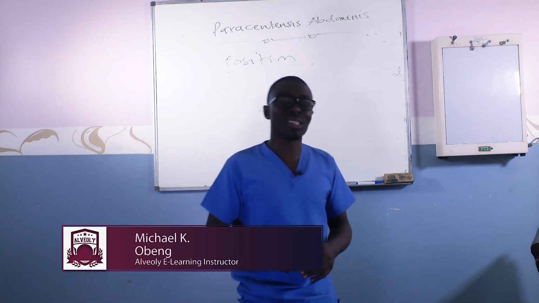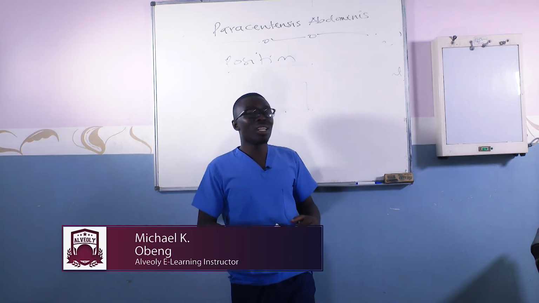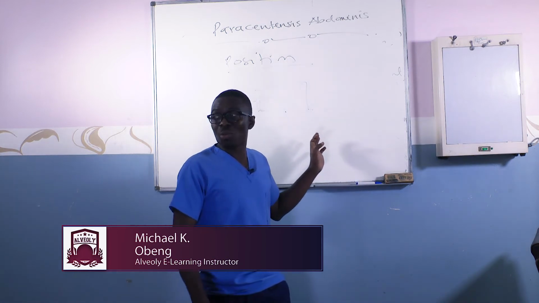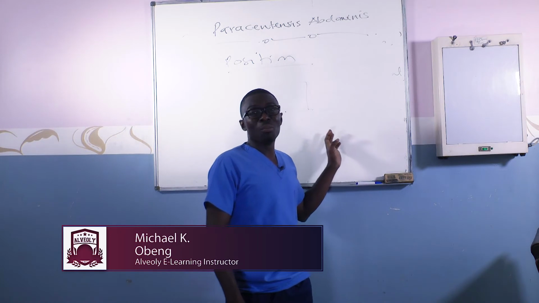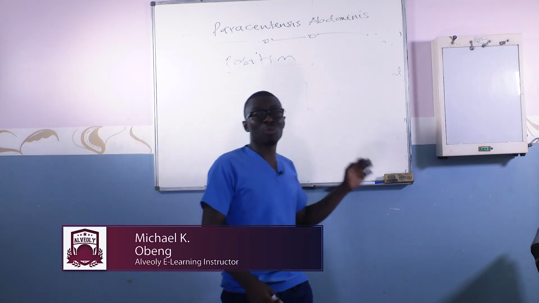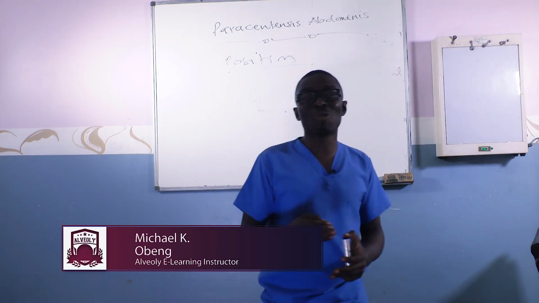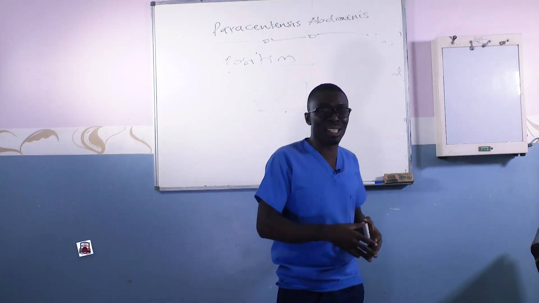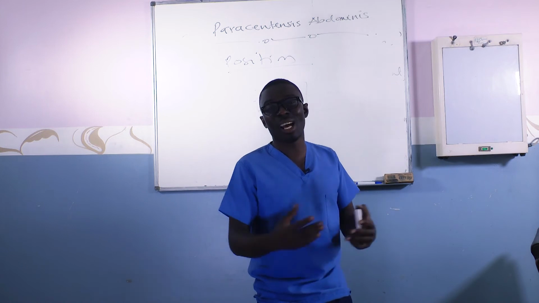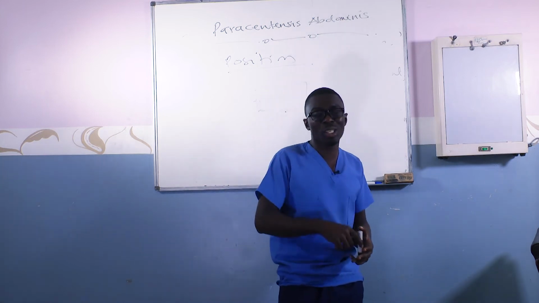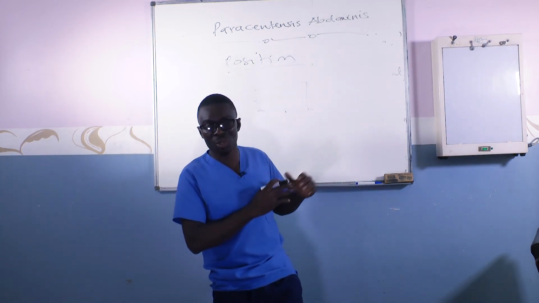So basically that is that. Then we said in performance of such a procedure, the most important thing that we have to do is explain the procedure to the patient, to the extent that we will reinforce the signing of the consent form, because the procedure is an invasive procedure.